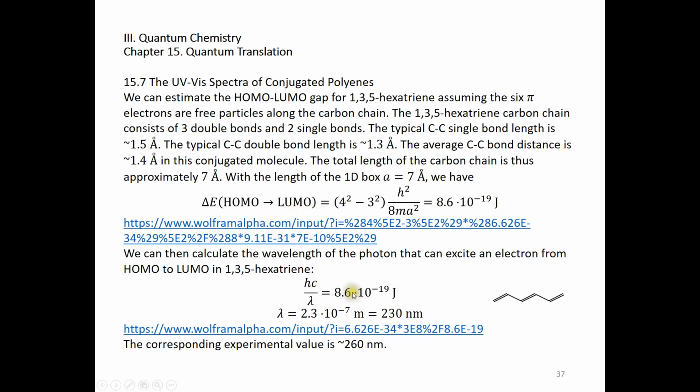So we set up the equation hc over lambda equals the HOMO-LUMO gap. Solve this equation: lambda is 230 nanometers. And this is how we predict the HOMO-LUMO gap for a polyene. And also, we can predict the UV-Vis spectra for a polyene molecule.